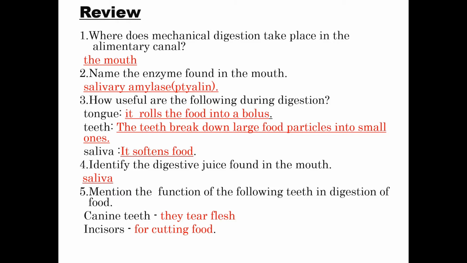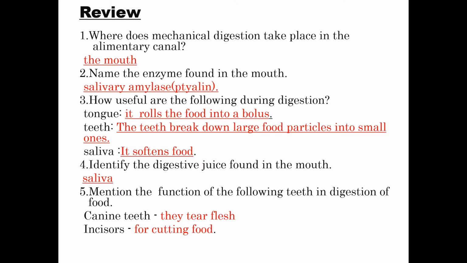It makes the mouth slippery so that food can pass through with ease. Then another question was, identify the digestive juice found in the mouth. And that digestive juice is none other than saliva. S-A-L-I-V-A, saliva.